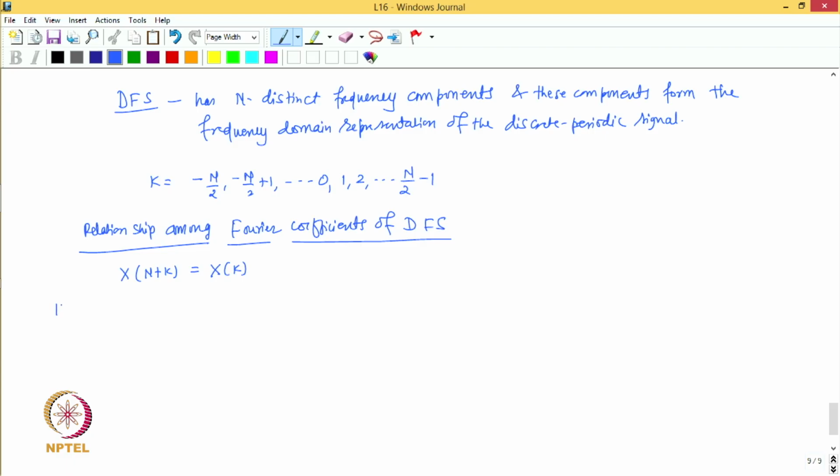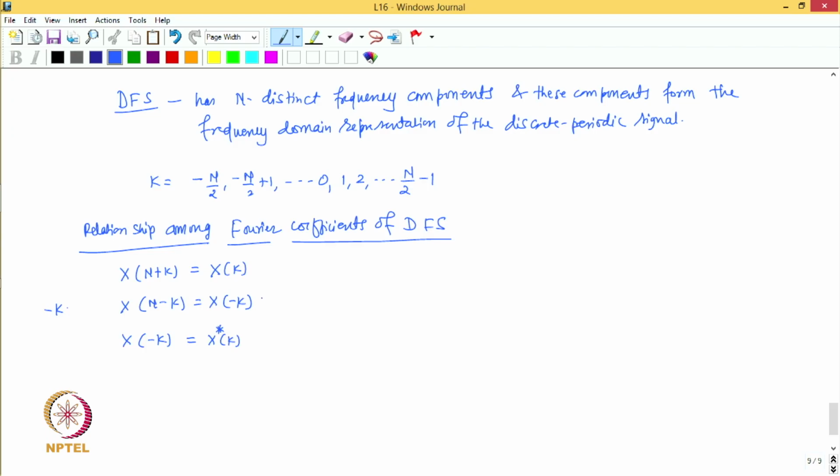Now, if I take k as minus k, then I can write this relationship simply as x n minus k is equal to x minus k. And from the discrete Fourier series expression, we can easily see that x minus k is essentially the complex conjugate of xk, correct.